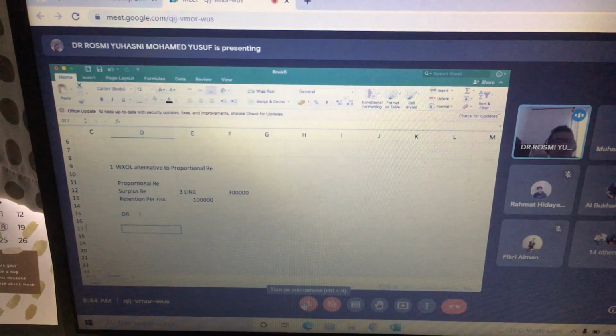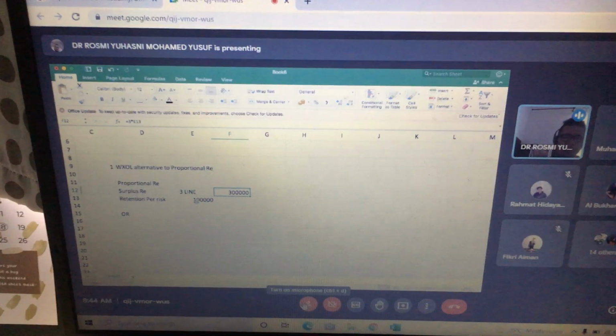Okay, let's say they want to use working excess. So working excess of loss as an alternative, consider the capacity that they require is 300,000 and retention per risk is 100,000.